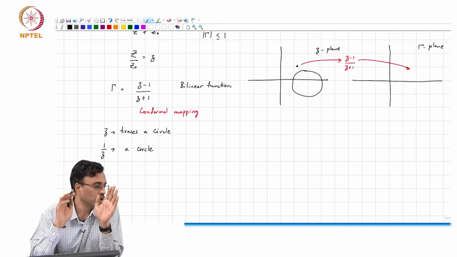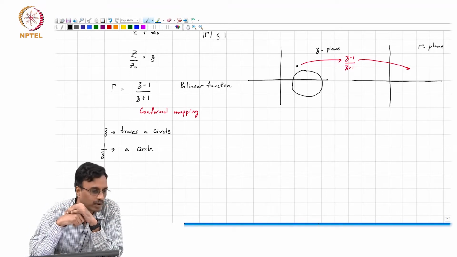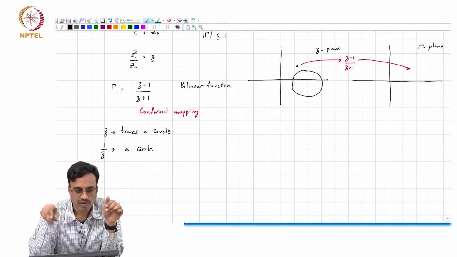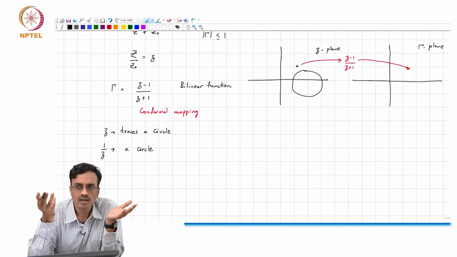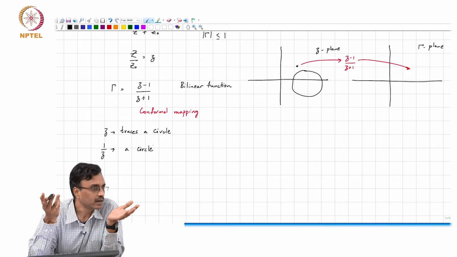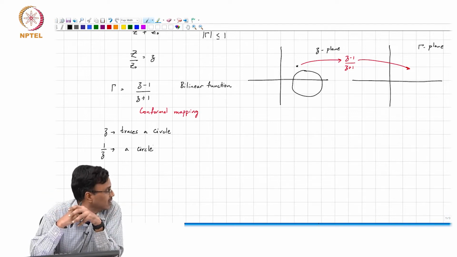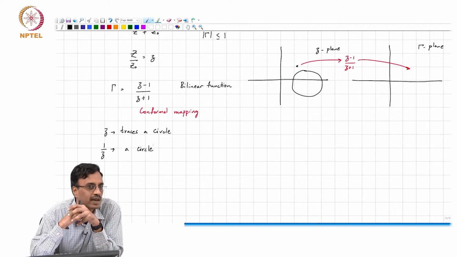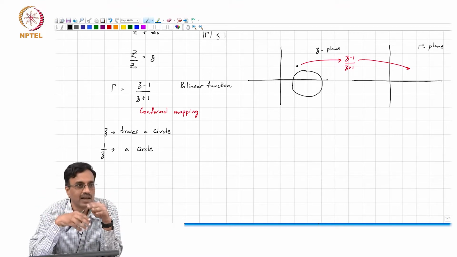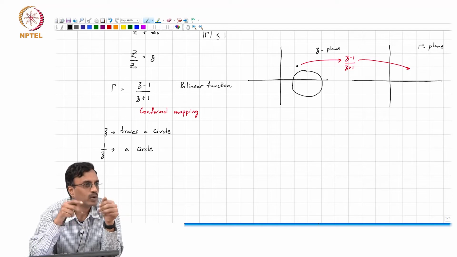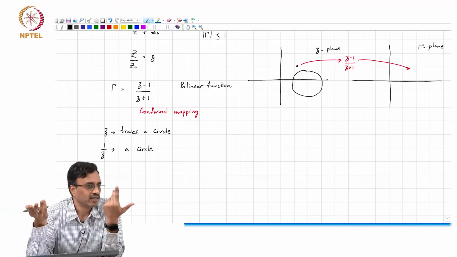So, the key point is to understand that if z is a complex number and if z goes around in a circle, then if you plot 1 over z, that will also be a circle, correct? And remember that a straight line is simply a special case of a circle with an infinite radius. So, all that this means is that if z is a straight line or a circle, 1 over z will also be a straight line or a circle, right?